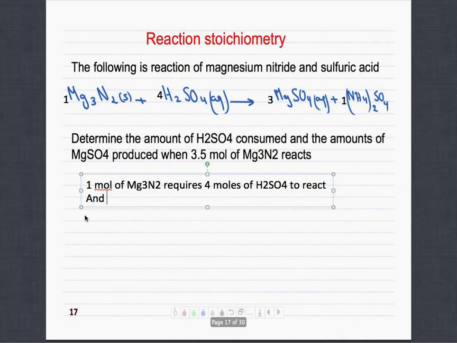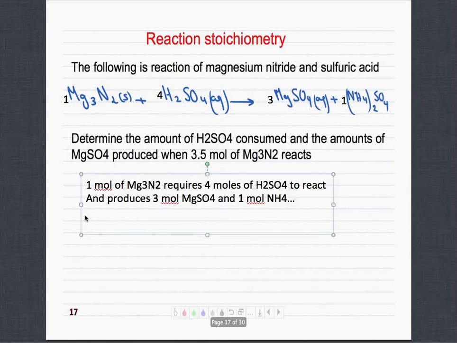Then I have 3 times 4, 12, plus 4, I have 16. So now the equation is balanced, and I can go further with that. Now the question is, determine the amount of H2SO4 consumed and the amount of magnesium sulfate produced. Let's first start with how much H2SO4 is consumed when 3.5 moles of magnesium nitride reacts.